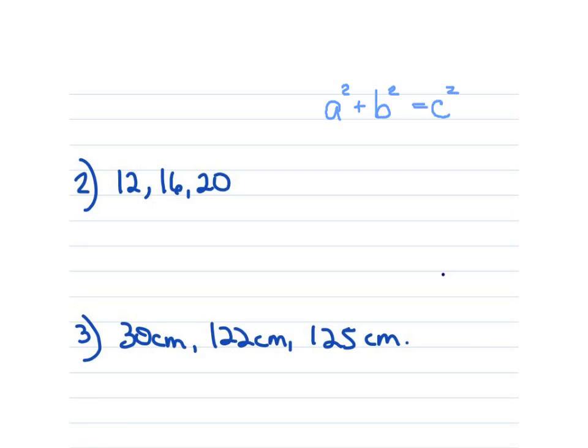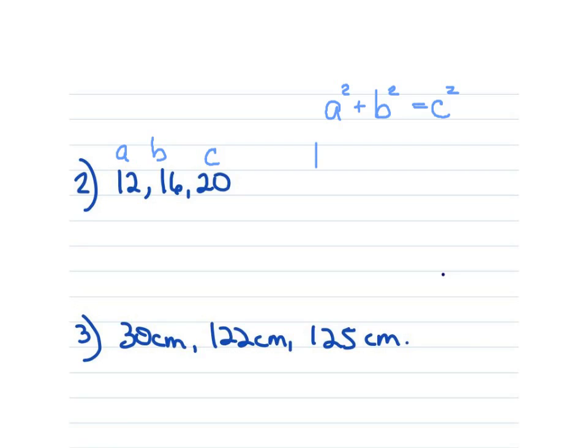Okay, let's label our sides, A, B, and C. All I need to worry about is that the longest of the three sides has to be labeled as C. So C will be 20, and then I'll just do A and B.